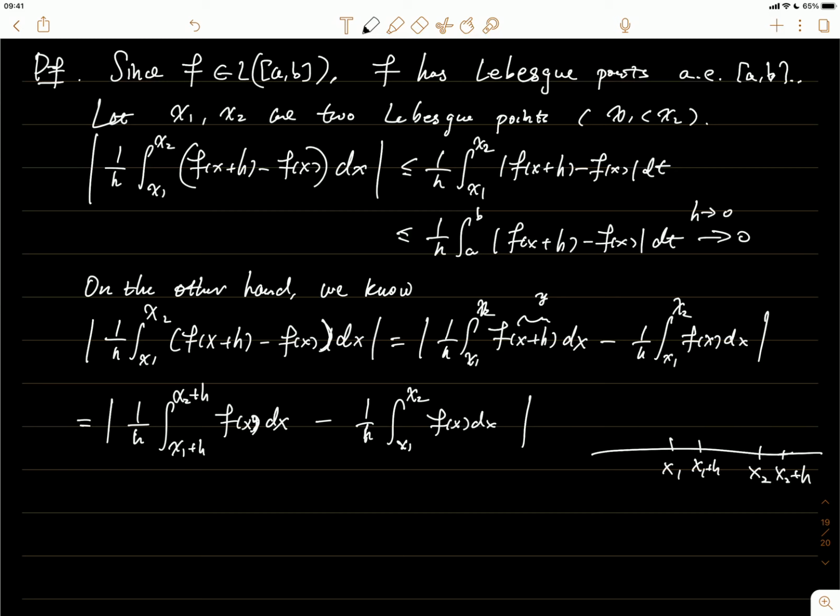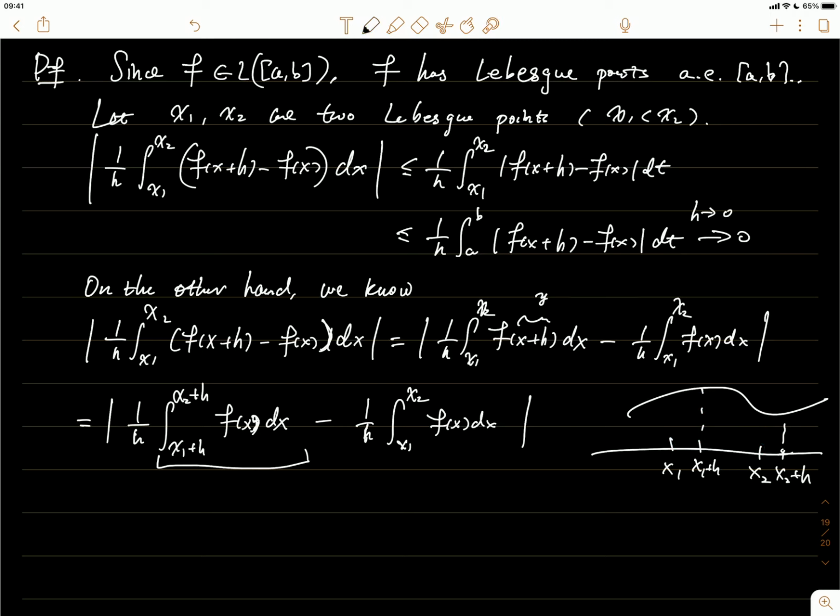So the first integral here is just the area here, and the second integral here is the area here. So the difference of these two will be just the area here minus the area here.